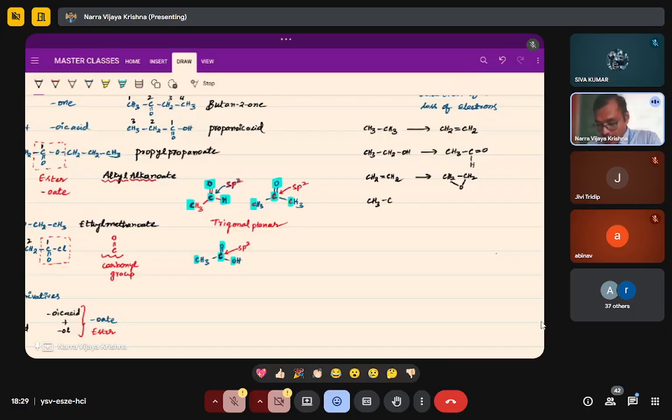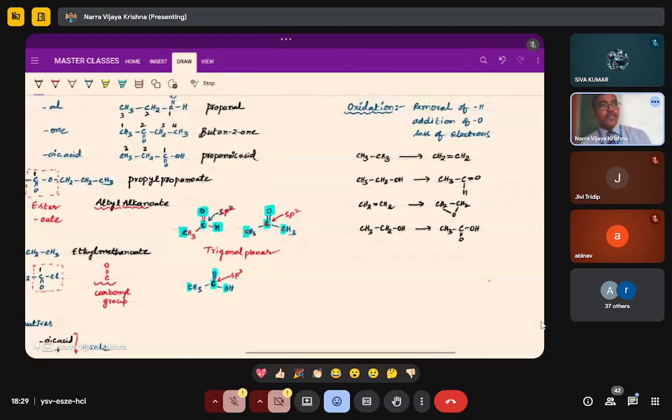So CH3 CH2OH I converted to CH3 C double bond OH. Now what have I done? Two hydrogens I removed, one oxygen I added. So this is also oxidation. Removal of hydrogen as well as addition of oxygen. Correct? Oxidation. Any questions, sir?